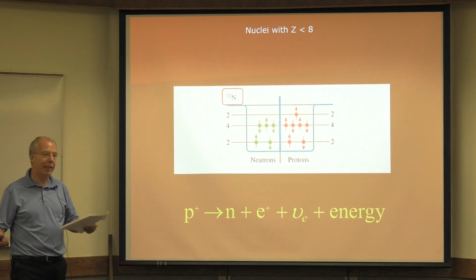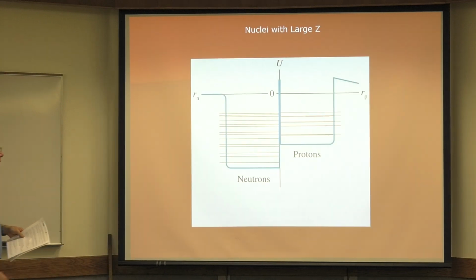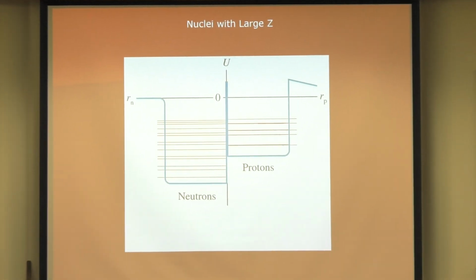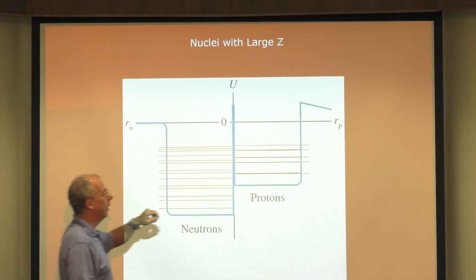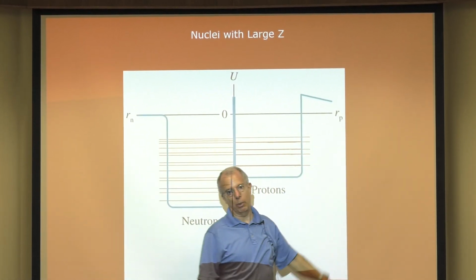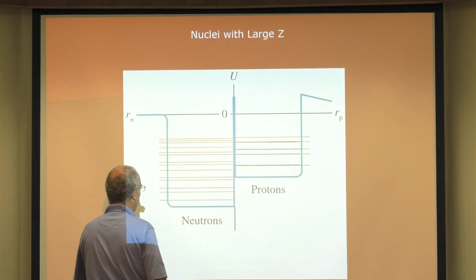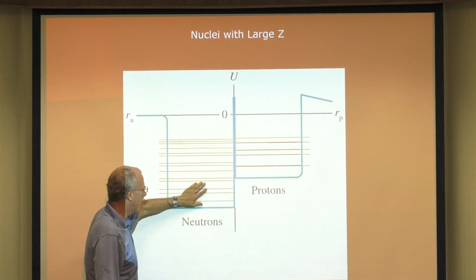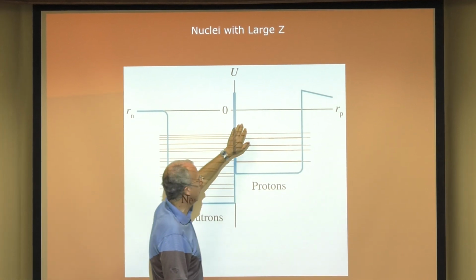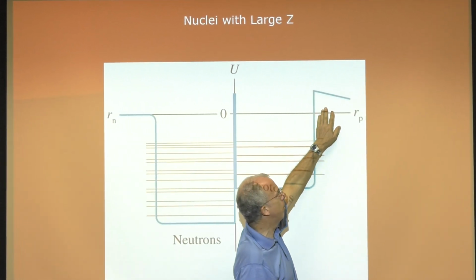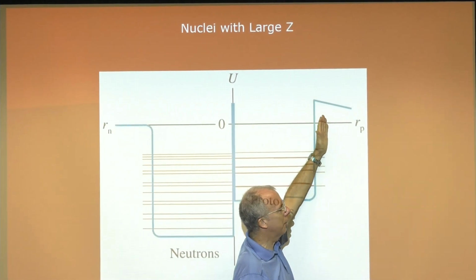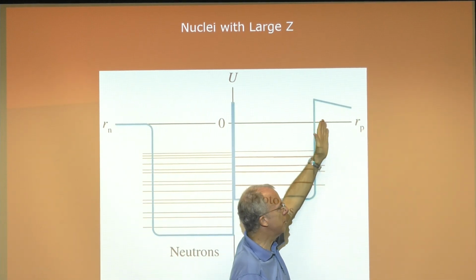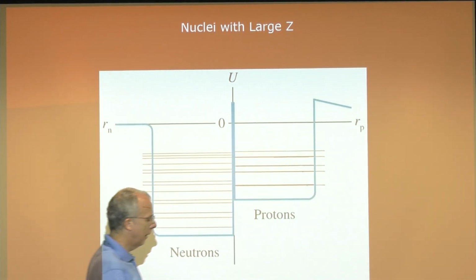Well, how about high Z, right? So for high Z, sorry, you can't ignore that electrical repulsion anymore. So as I said before, the attractive nuclear force is negative, but then the repulsive force is positive, so this gets boosted up, right?